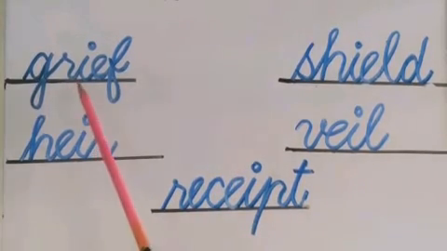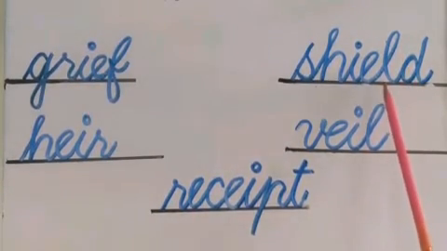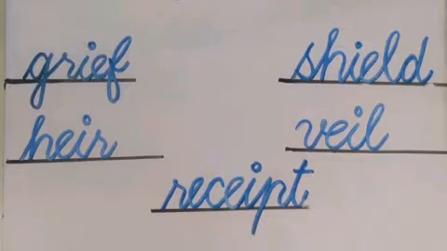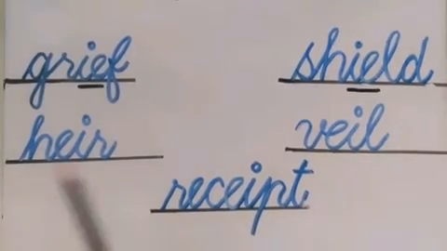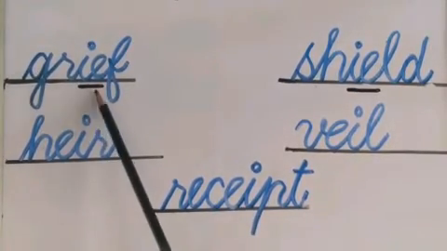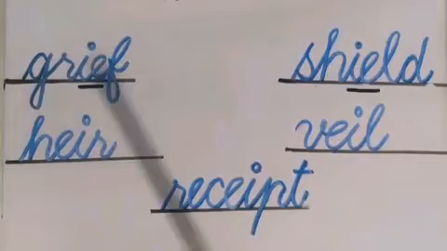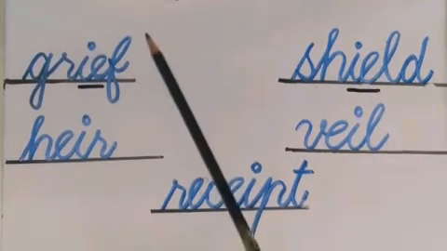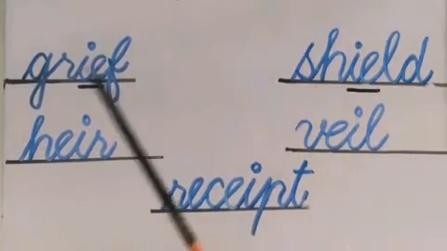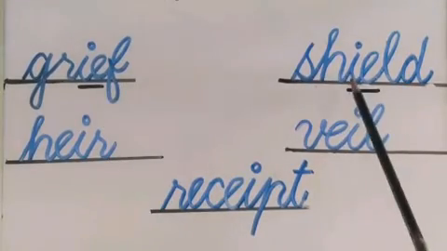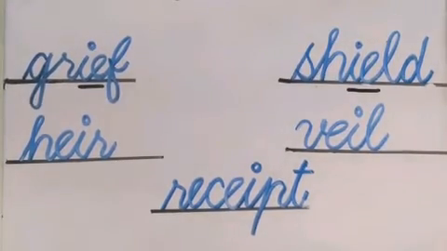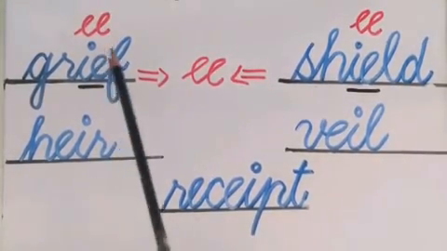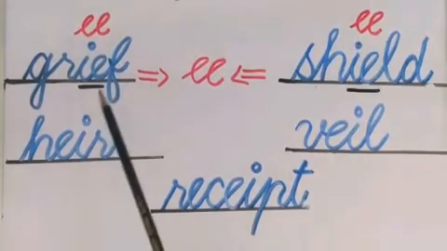So you have to guess what is common. Grief, shield. What is common? Yes, IE is common. Grief, shield. And when we pronounce these words, which sound is clearer? Yes, it's the E sound. Is that clear?